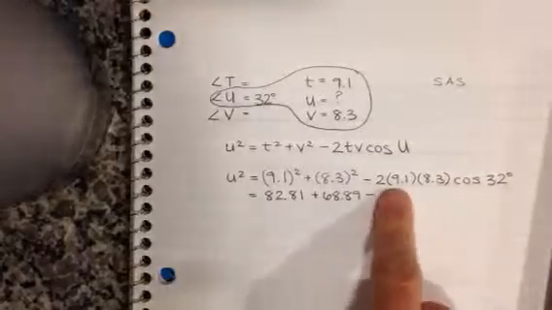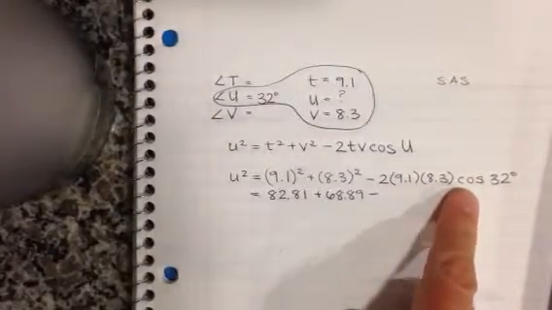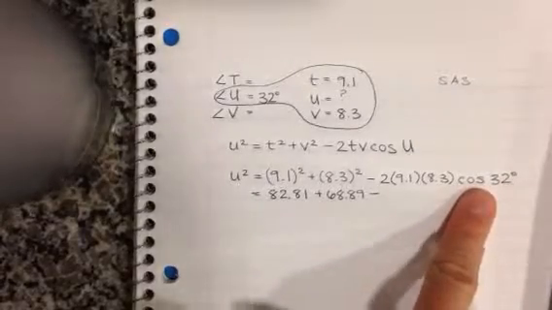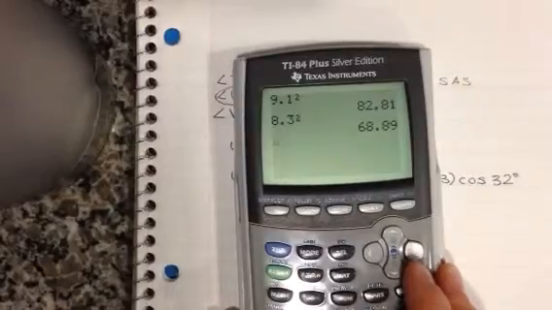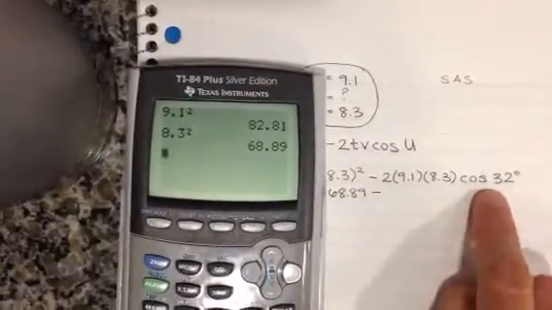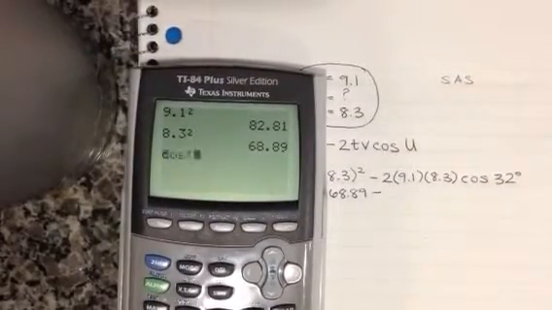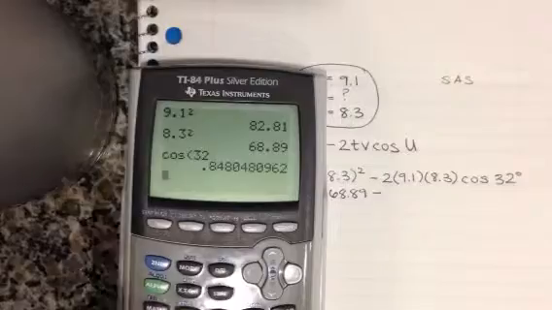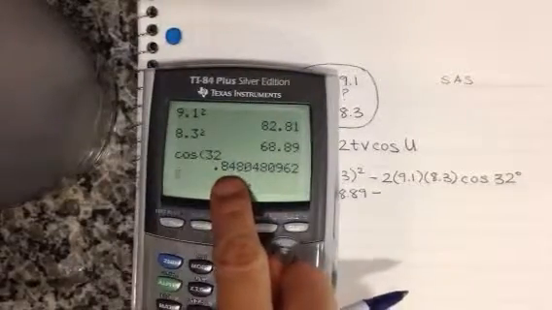Now for this part, I'm going to tell you the order that you want to do this. On your calculator, if you have a scientific calculator, and this is a graphing calculator, so it's a little bit different the way you use it, I want you to find cosine of 32. You should get 0.848.